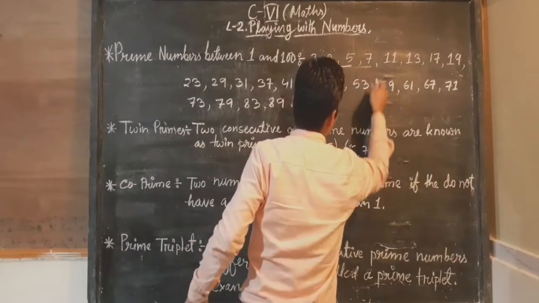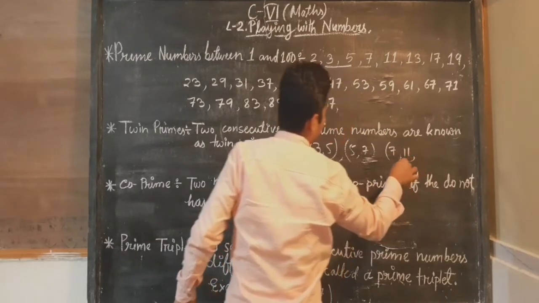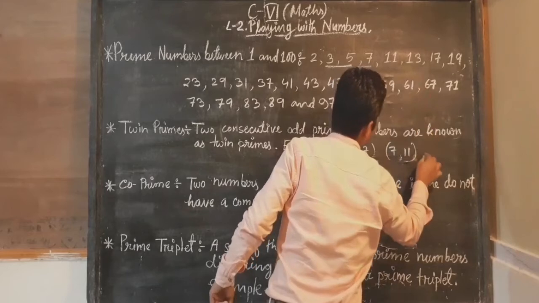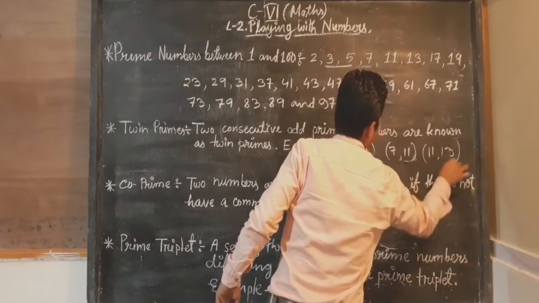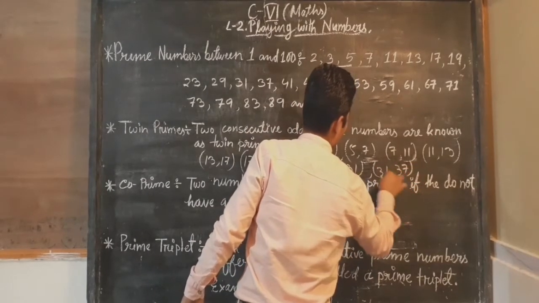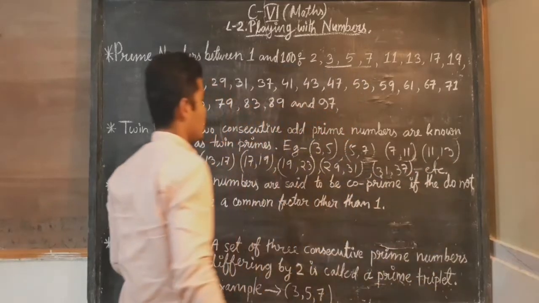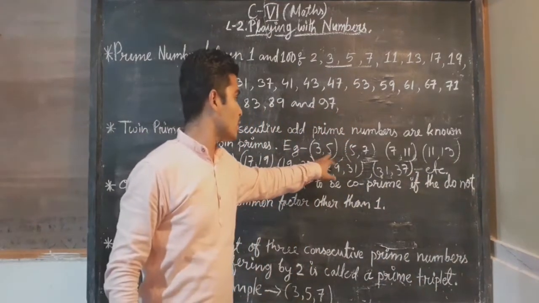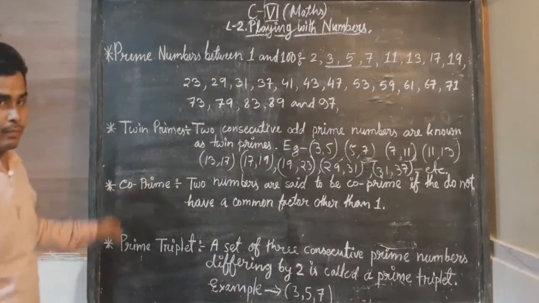And again we can get 11 and 13 also, and 31 and 37, etc. So you can go on like this. These are all consecutive odd prime numbers, so they are all twin primes.